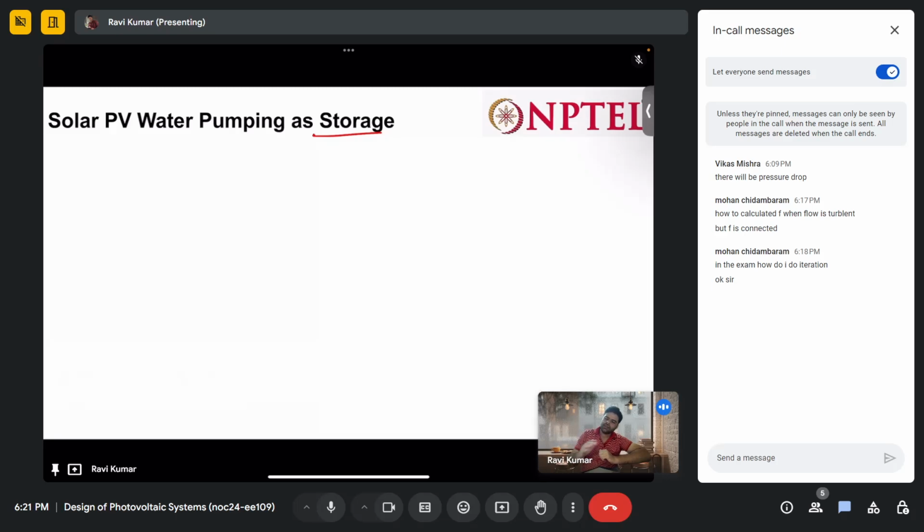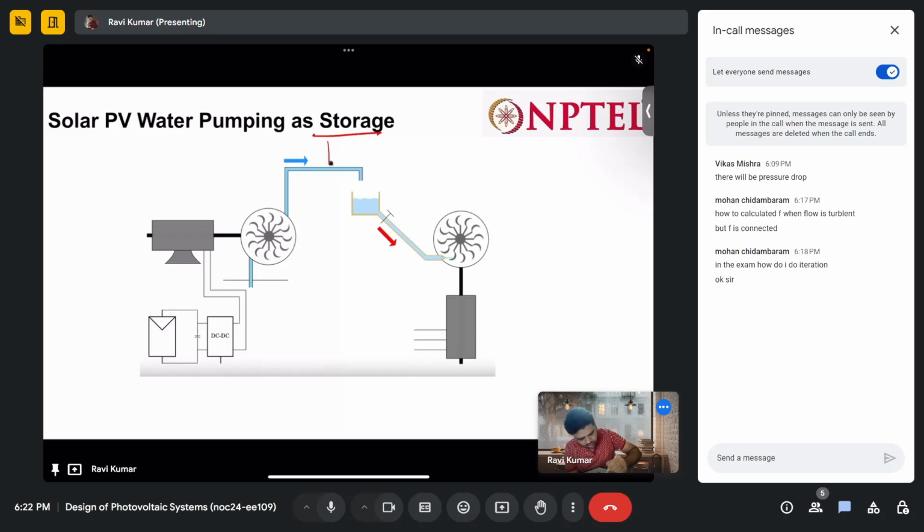At night, when there is no sunlight, we utilize our batteries to power our equipment, or to power our houses. But there is another method as well. This solar PV water pumping system can also be used as a storage method. How? Like this. If I draw a line here, daytime and night time.